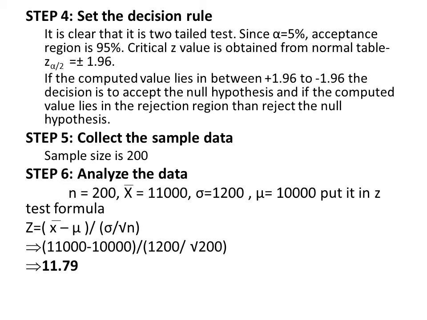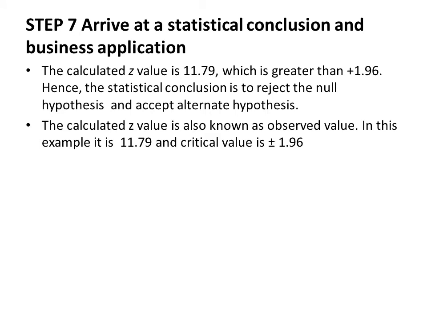As you can see, 11.79, which is the observed value, is greater than 1.96, so it lies in the rejection region. This will be clear with the help of the graph which I have shown in the upcoming slide. We come to the conclusion that the calculated Z value 11.79 is greater than plus 1.96.